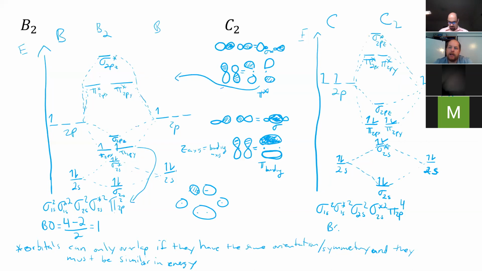And we can calculate the bond order, which has 2, 4, 6 bonding electrons minus the 2 anti-bonding electrons in the sigma star 2s, divided by 2 will give us a bond order of 2. And so this molecule, the C2 molecule, has been shown to exist with a bond order of 2. Okay.